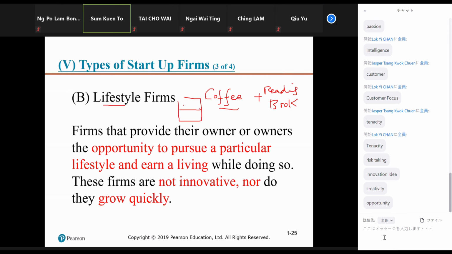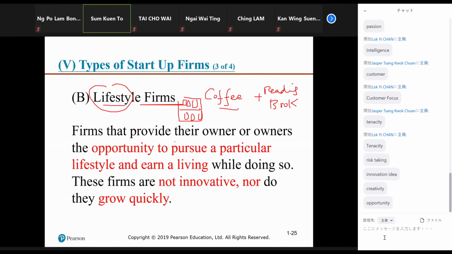You sit on the sofa, pick some books, drink coffee, and read something you like. This is your lifestyle.